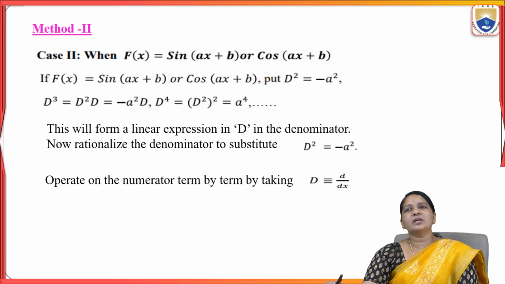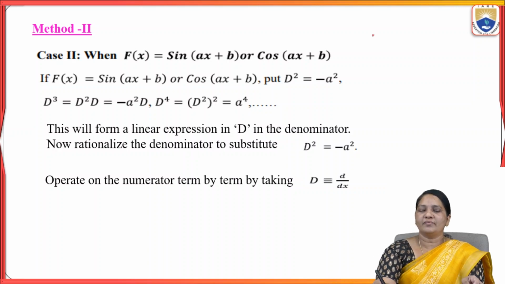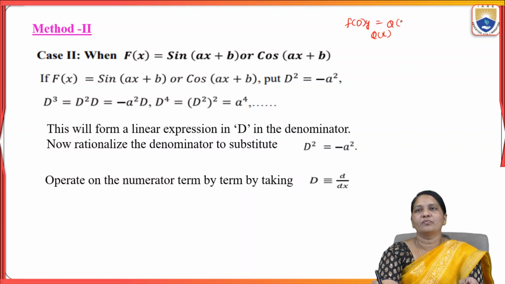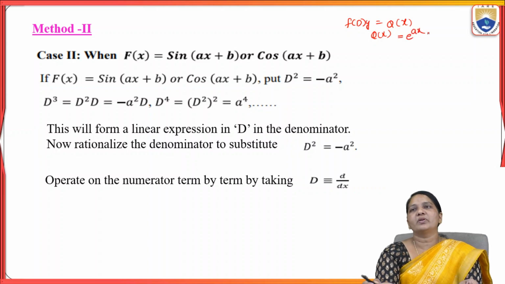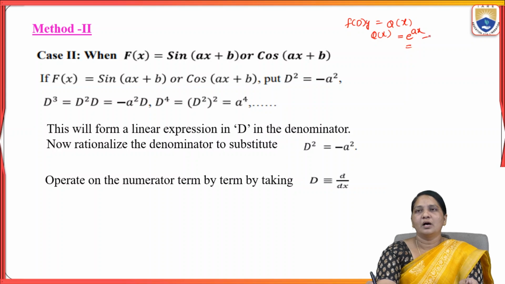So based on the Q of x value, we are deciding the methods. In the first method, the Q of x value in the equation f of D into y equal to Q of x or f of x is e power ax. Then how to solve the given equation, or how to calculate the particular integral? That is method 1.